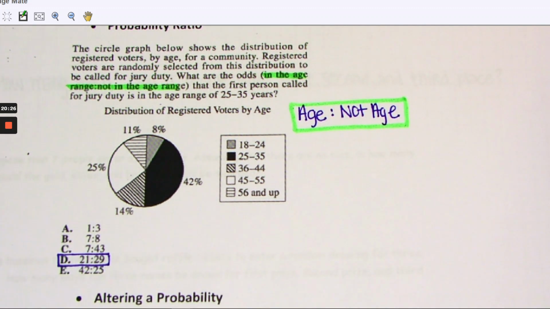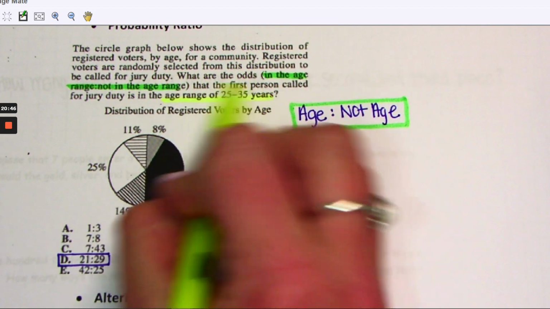Okay. Then it tells you the first person called to jury duty is in the range of 25 to 35 years old. So we are looking for the age range. In this case, the age range that we care about is 25 to 35 years old.